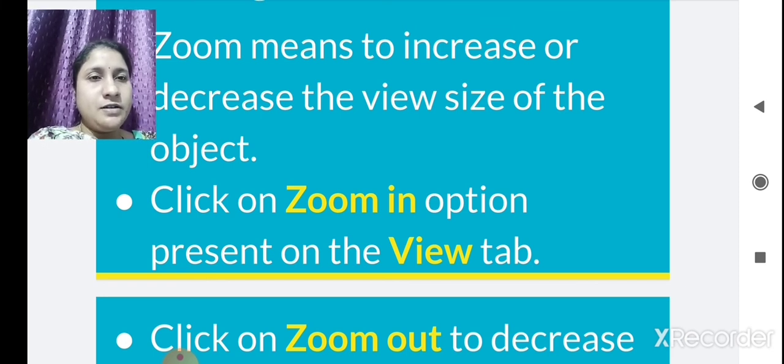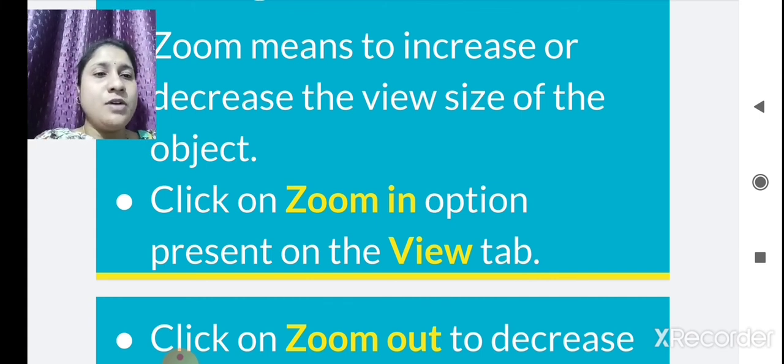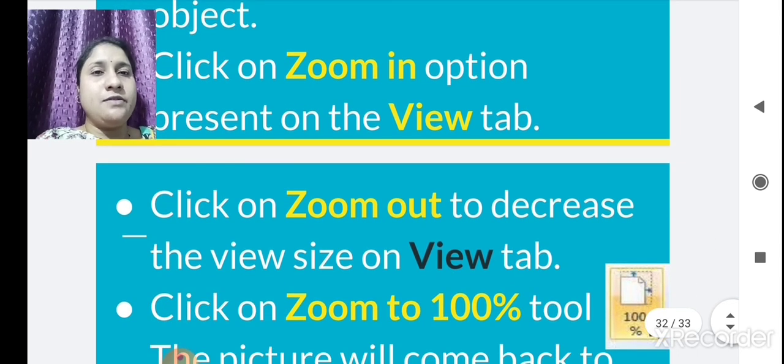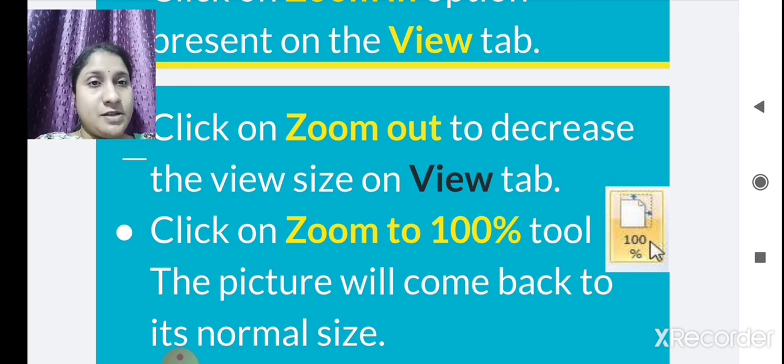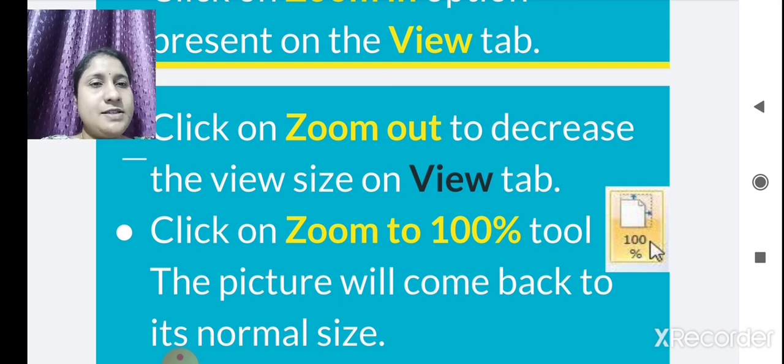When you say zoom out, it will decrease the view size. If you click zoom to 100%, the picture will come back to its original position or original size, the normal size. Got it till this?